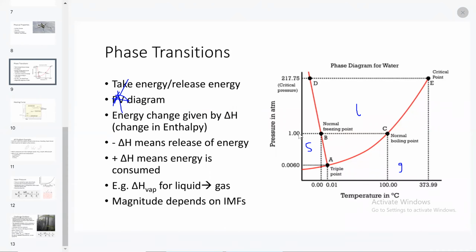Does the solid have more energy or less energy than the liquid? Less, right? Because in a solid, everything's moving slowly. So everything's tightly confined, moving very slowly compared to a liquid. So since we have less energy, what does that mean about delta H?